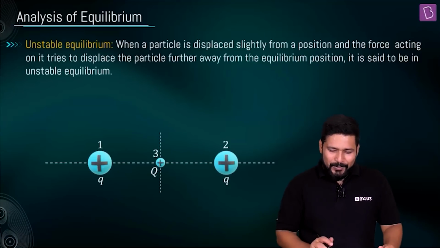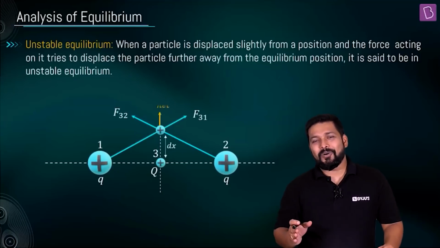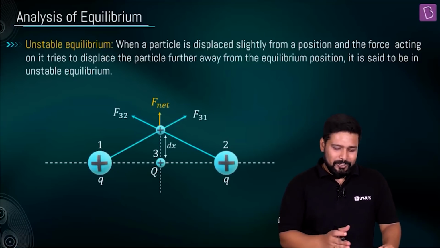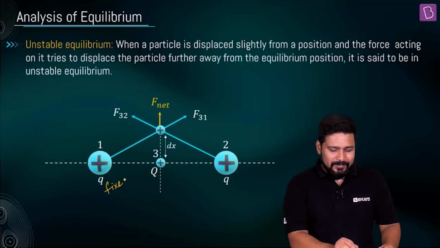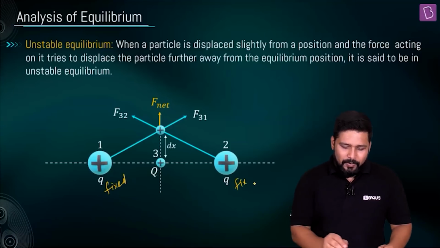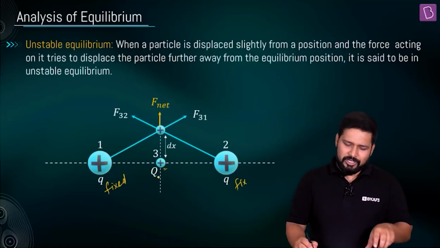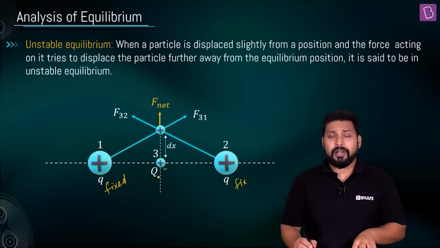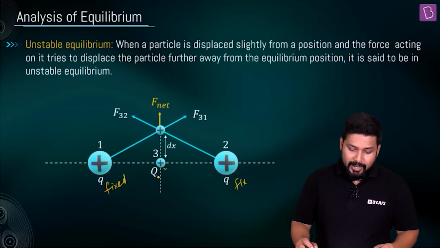So you know now that in a system of three charges where all three are positive and equal, these charges are fixed, and only the charge at point number 3 is supposed to move. Initially we started off with a condition where the two fixed charges were equal in magnitude and in nature as well, that is both of them are positive.